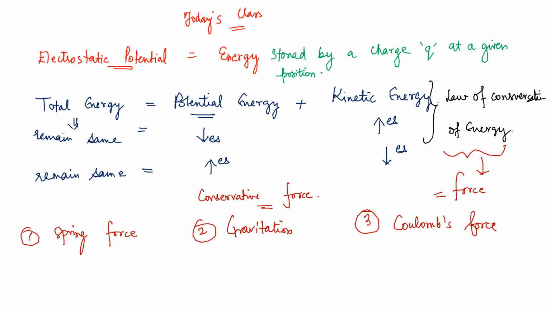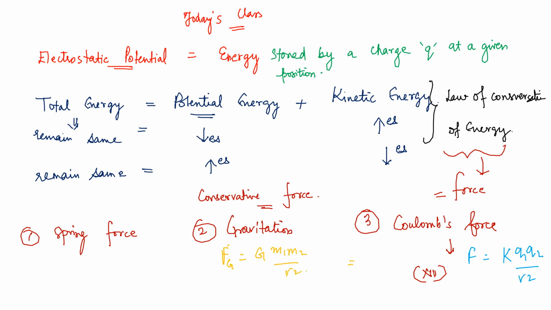which we read in our previous chapter. Now Coulomb's force is given as F equals k Q1 Q2 upon r square, whereas the gravitational force is given as Fg equals G m1 m2 divided by r square.